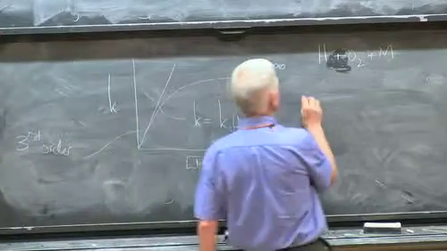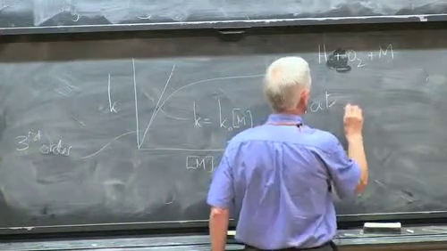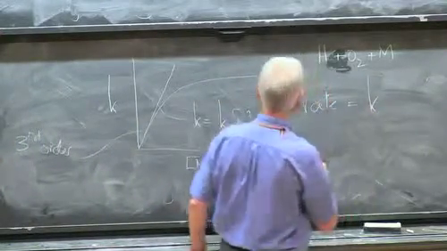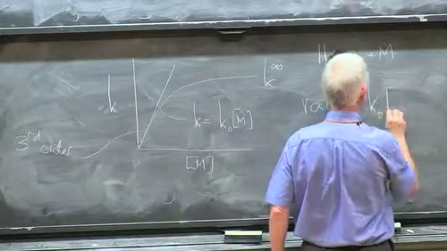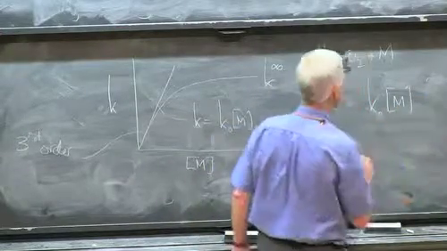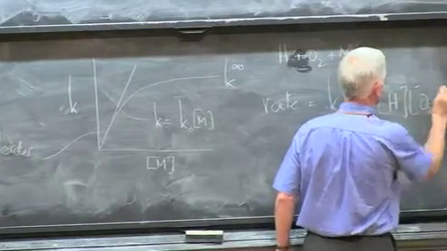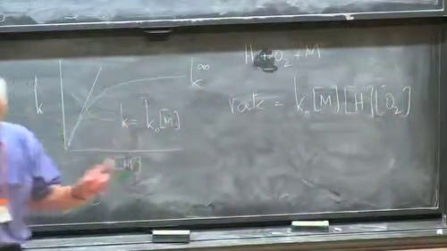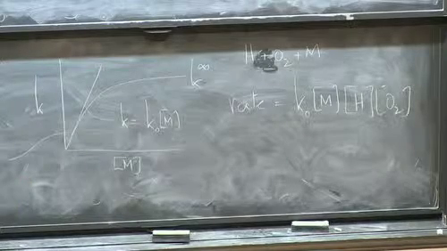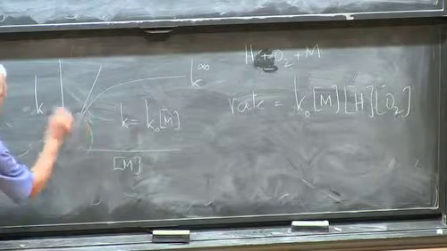So the rate is equal to K0 times M times H times O2. So it's a third order reaction. And so we refer to this region here as being the third order regime.